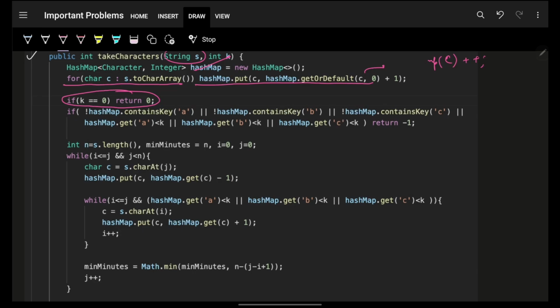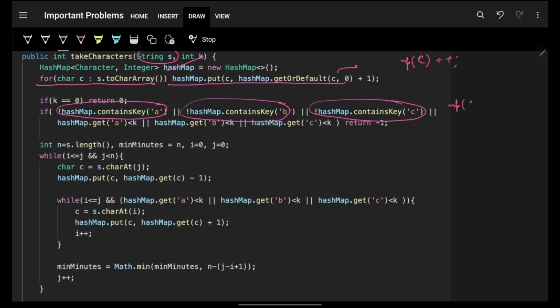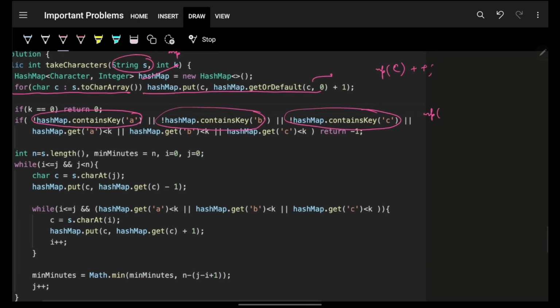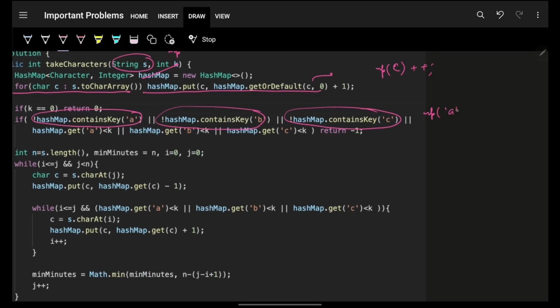Then I check this condition. If my k is 0, simply return 0. Now technically, if you would have used C++, this would not have been required, because here I had to check in the hash map if it doesn't contain B, if it doesn't contain C. In C++, if I would have done a hash map of the character A, even if A is not there in the map, this would not have broken.